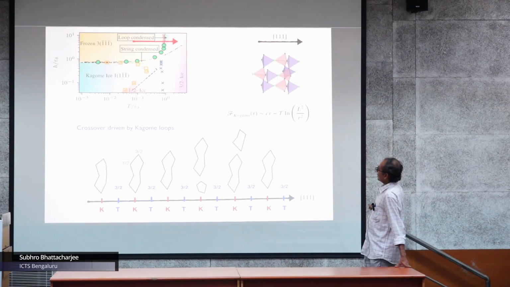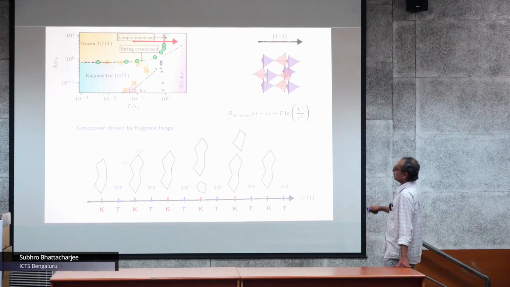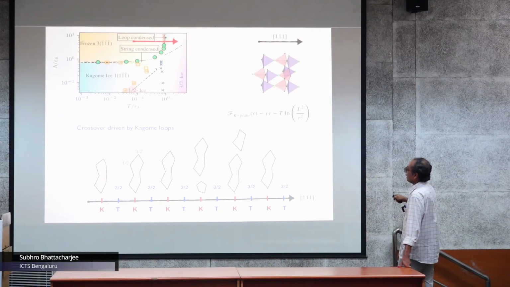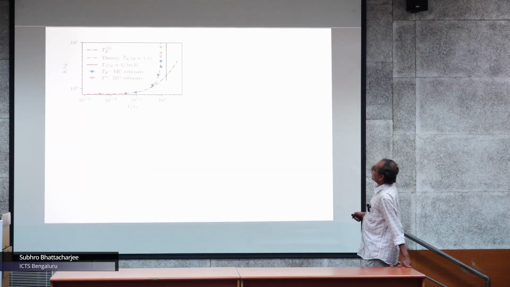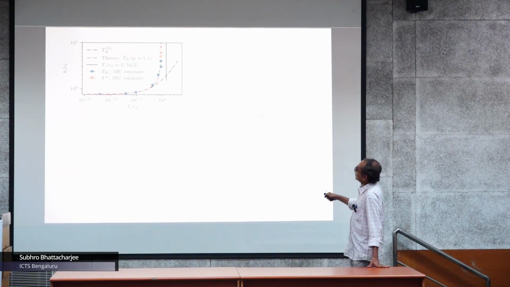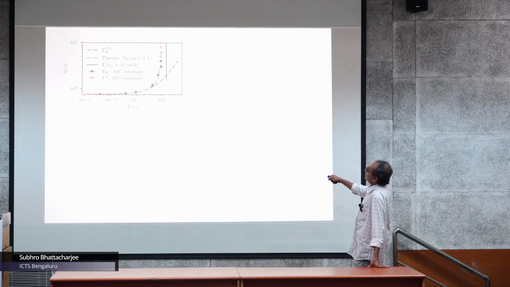So it does not lead to a transition, but instead a crossover, which is driven by these loops arising in individual Kagome planes. So this Castelnovo transition, as you go along this line, changes over to a crossover via a critical endpoint.